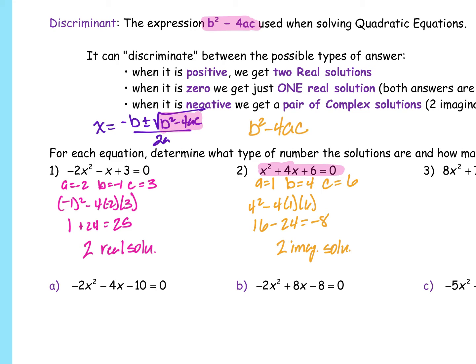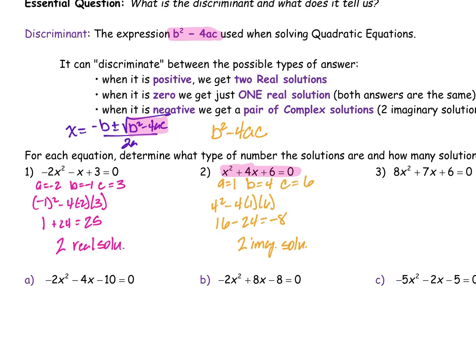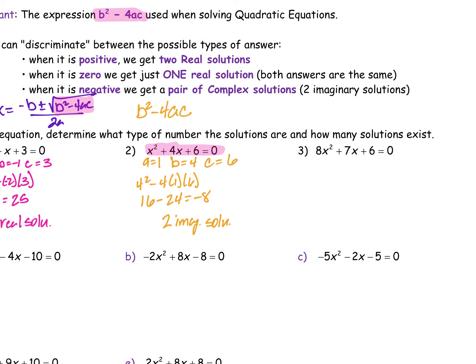Yeah, okay, great. Okay, so if we're on number 3, we're going to still do the same thing, right? I'm still going to find out what a, b, and c is. So a equals 8, b equals 7, and c equals 6.